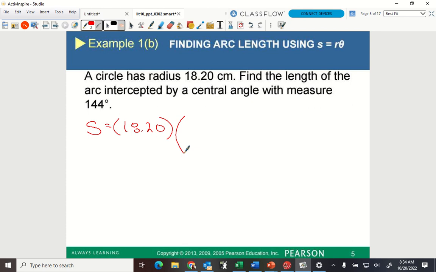Multiply by pi over 180, right? So I'm taking my degree measure and multiplying by pi over 180. Can I do this all in just one step? Say yes. Yes, I can. So I could do 144 times pi over 180.